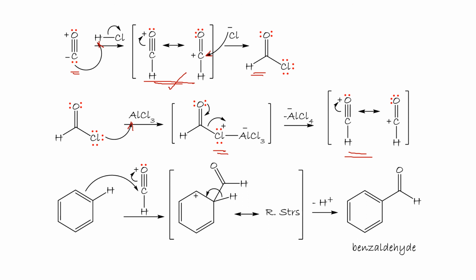This acylium ion will be attacked by the pi cloud of the benzene ring to form the sigma complex, followed by deprotonation to form benzaldehyde. This is the Gattermann-Koch method.